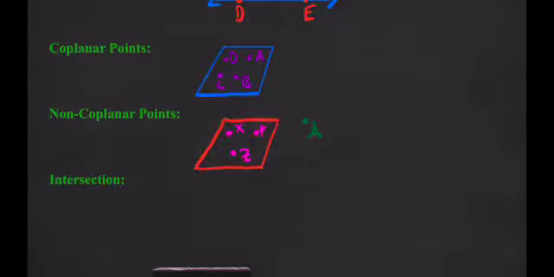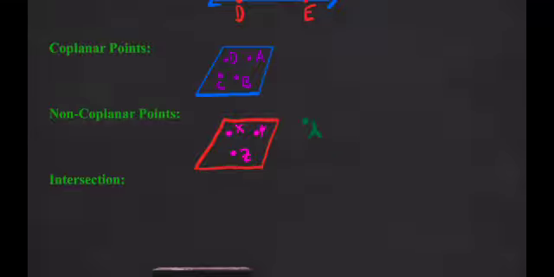New word, intersection. What does it mean for things to intersect? Well, the best way of describing this is with a picture. We are going to have 2 lines. The intersection is whenever those 2 lines cross.